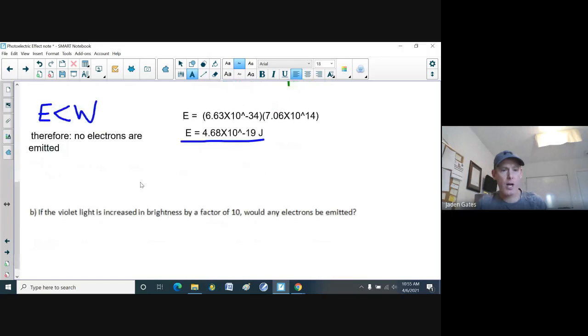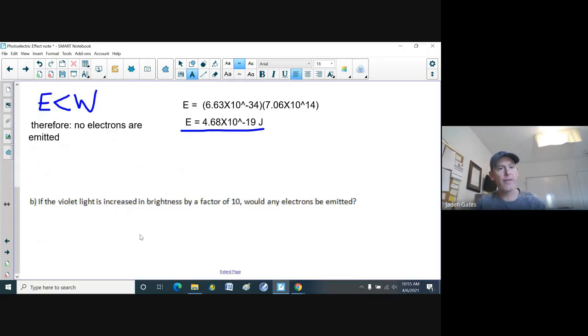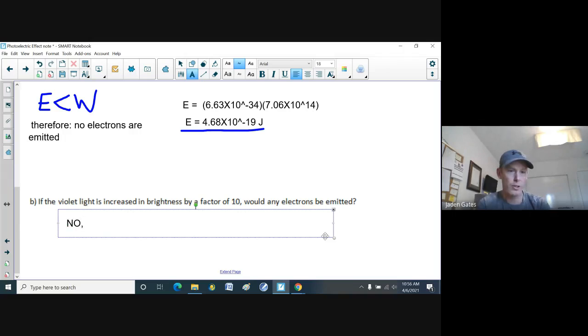All right, now B. What if the violet light is increased in brightness by a factor of 10? Would any electrons be emitted? So we turn up the light, we make it brighter. Well, here's the thing, that doesn't matter. No. Only an increase in frequency can force electrons to be emitted.